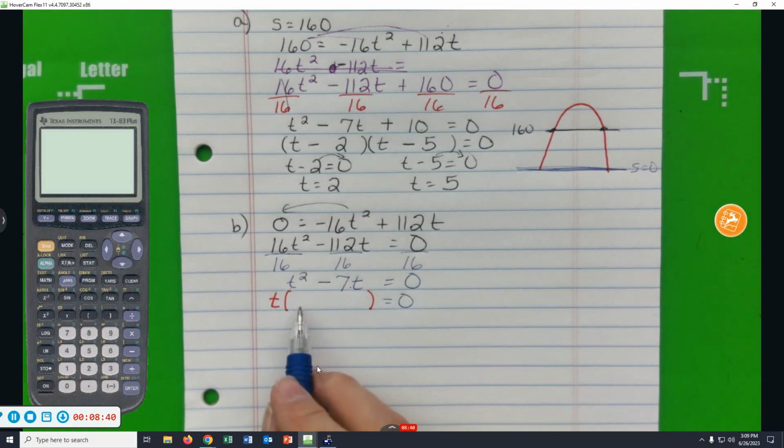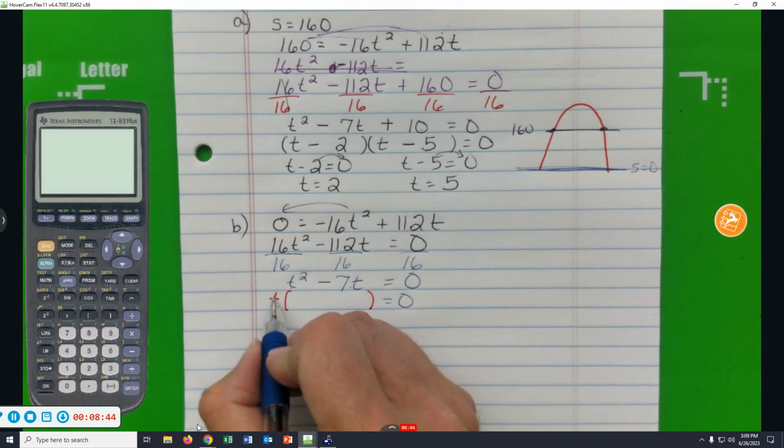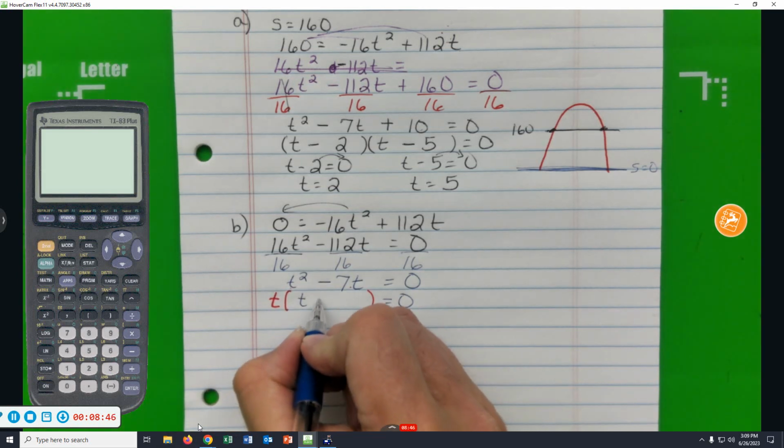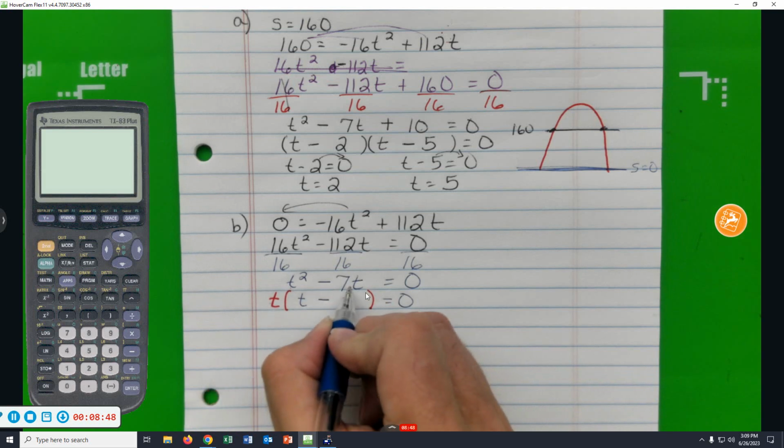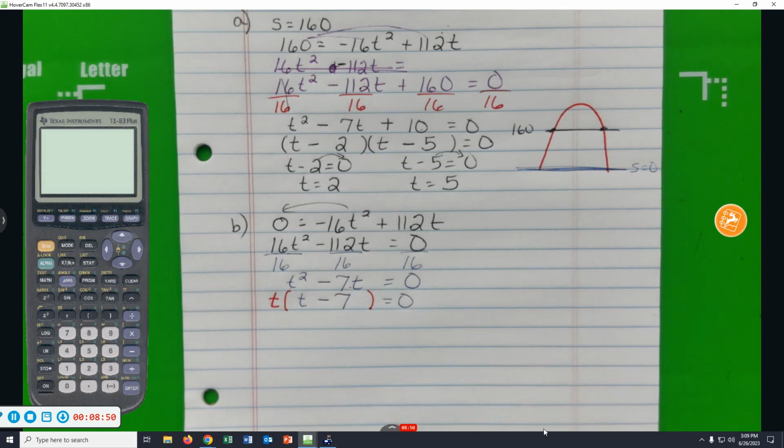T times what gives you t squared? T minus t times what gives you 7t? 7. Notice if you distributed the t, you'd get back t squared minus 7t.